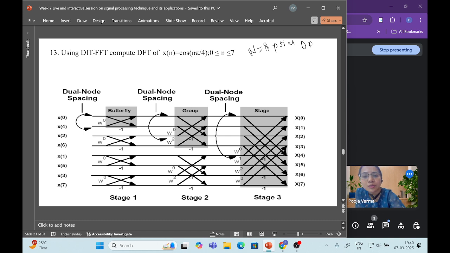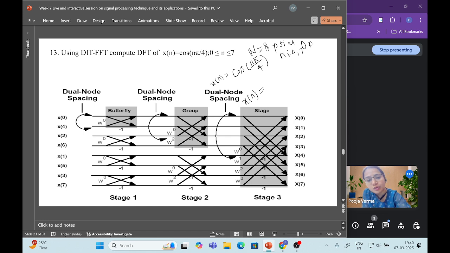So x(n) is equal to cos(n pi by 4), and here n will vary from 0 to 7. To find the sequence x(n), we have to put the values of n, first n equal to 0 till 7.